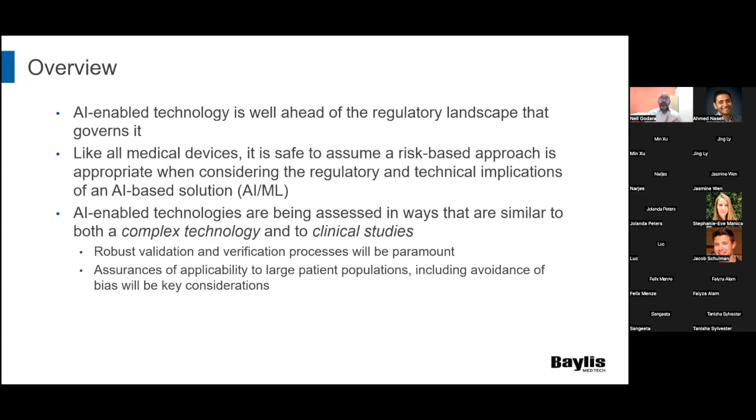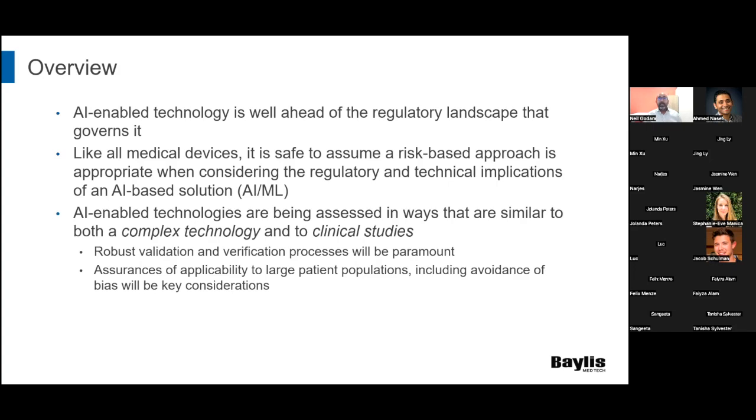When you have a very complex technology, the requirement is for a lot of verification and validation, a lot of testing, because you need to demonstrate that for all this new stuff it can do, it won't lead to patient harm. And safety, in most cases, trumps effectiveness. Everyone's going to want to know, what are the boundaries of what you implemented here?